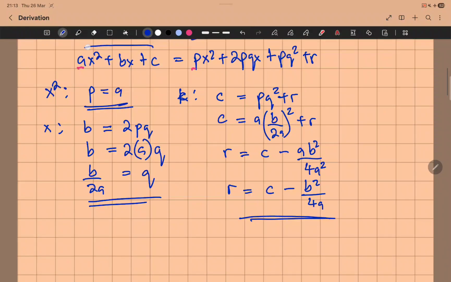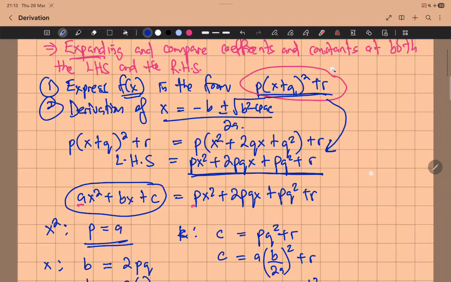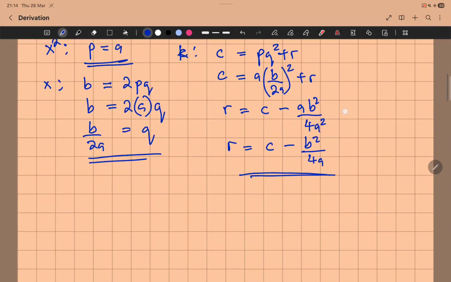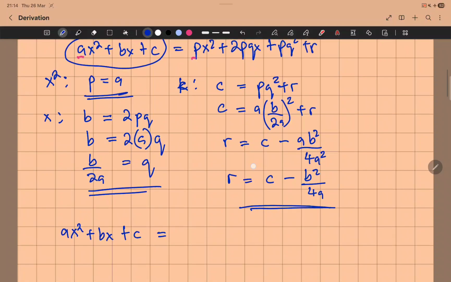So now we need to expand this in this form. Since we now have the values of p, q, and r, we can substitute. So ax squared plus bx plus c is equal to a, which is our p, times (x plus b over 2a) squared, which is our q, plus r.